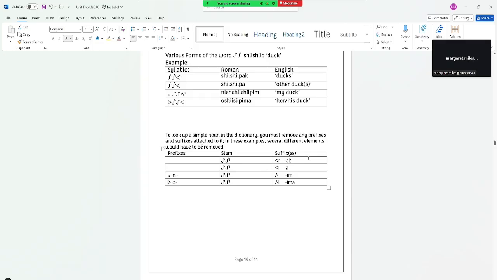So here is an example again. Ni and o, and the stem here is shishib, and the elements added at the end of the word are ak, a, im, ima.